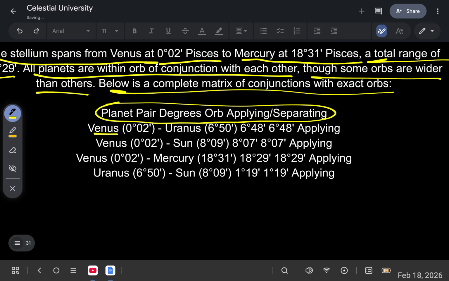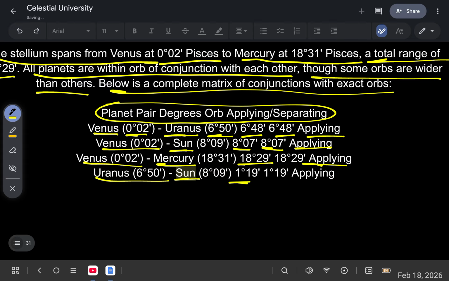So Venus, 0 degrees 02, Uranus, 6 degrees 50, 6 degrees 48, applying. And then again we have Venus, Sun, and this time it's at 8 degrees 07 applying. Venus and Mercury, it's 18 degrees 29 applying. Uranus and the Sun, it's 1 degrees 19 applying.